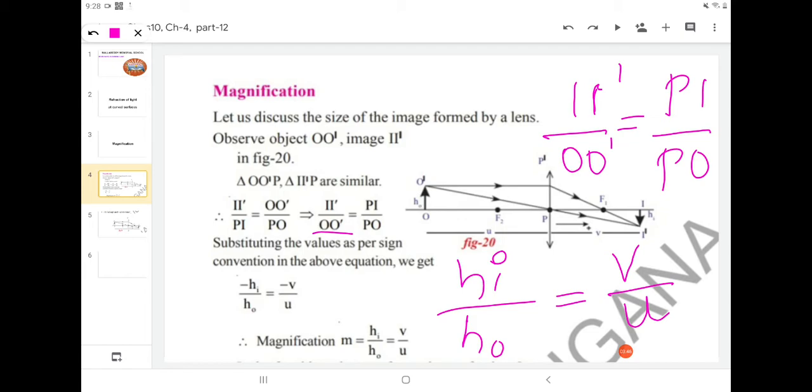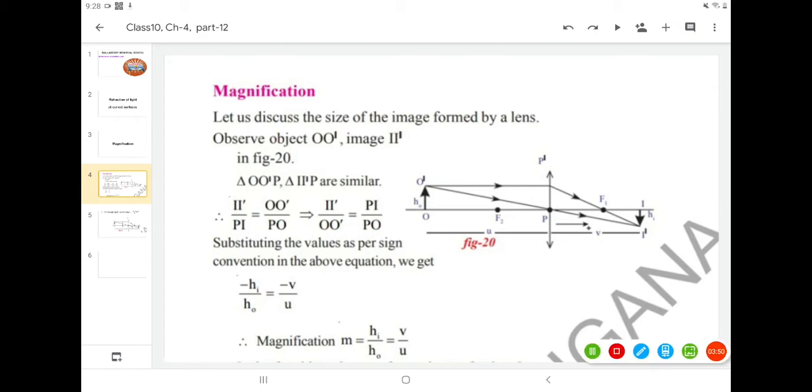We know the height of the object and the height of the image are positive if measured upwards from the axis, and negative if measured downwards.